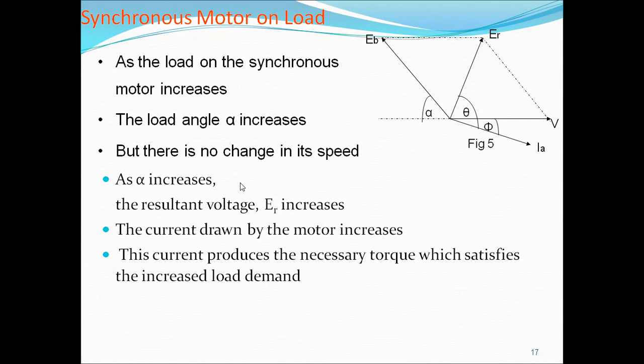So that means when the load changes, automatically alpha changes, the resultant EMF ER changes, and the motor draws more armature current, which produces more torque, and that torque supplies the applied load.